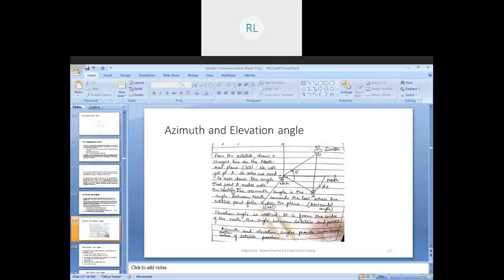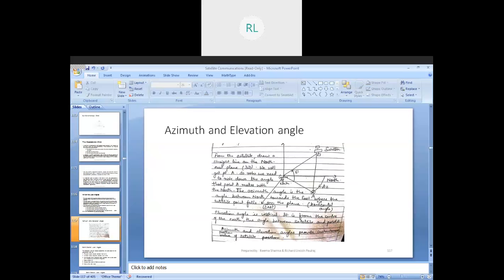So we need to note down the angle that point A makes with the north. The azimuth angle is the angle that gets created between this point A and the satellite. So we have a satellite here, we are putting a straight line, and we are trying to connect it to the center of the Earth.